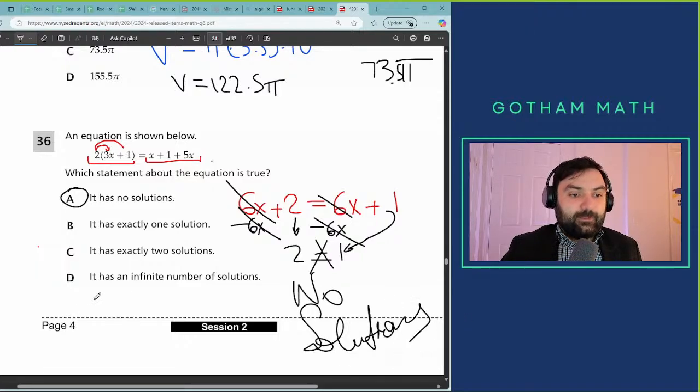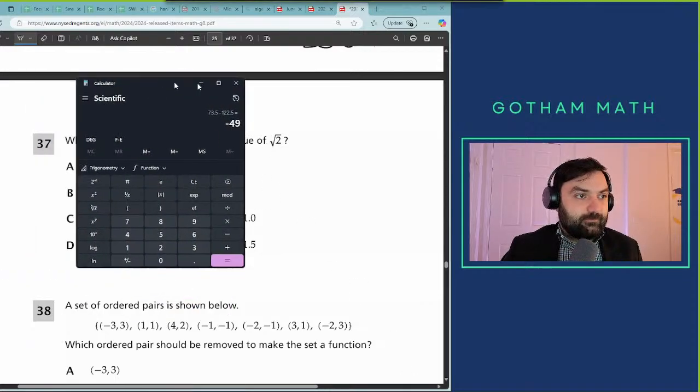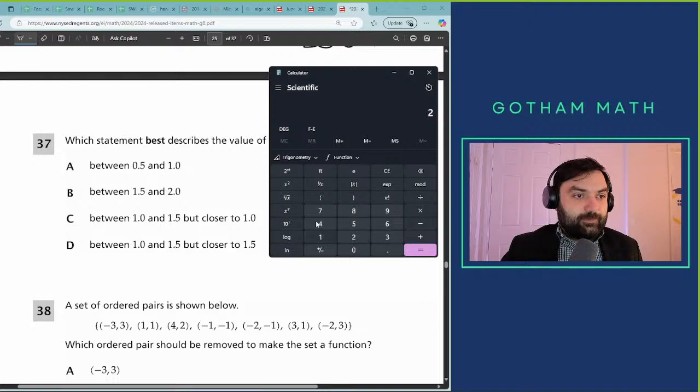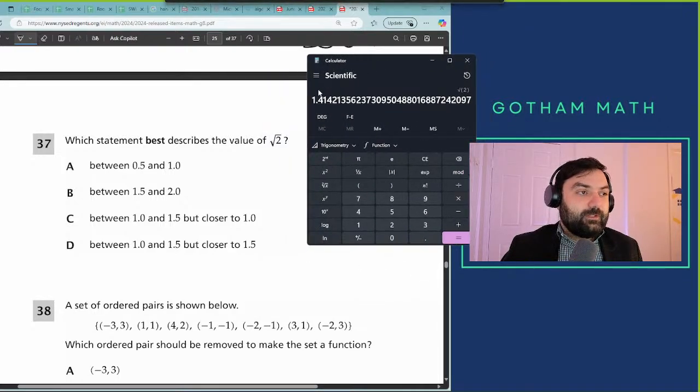All right. We're going further. Which statement best describes the value of square root of 2? But the question is, can we or can't we use the calculator? If we can, all we have to do is just do this, right? We have 1.414. Between 0.5 and 1, that's not true.